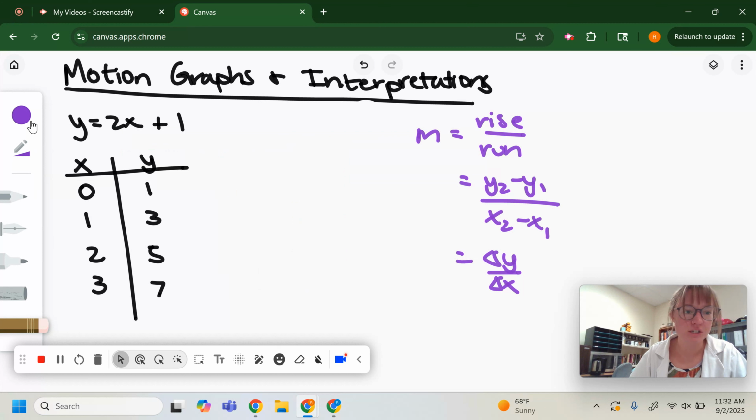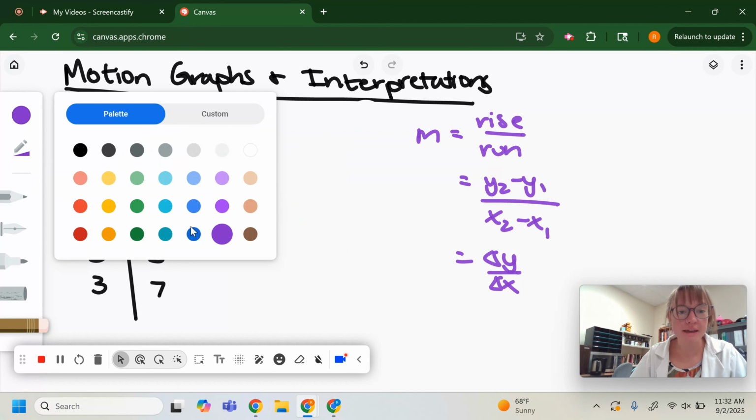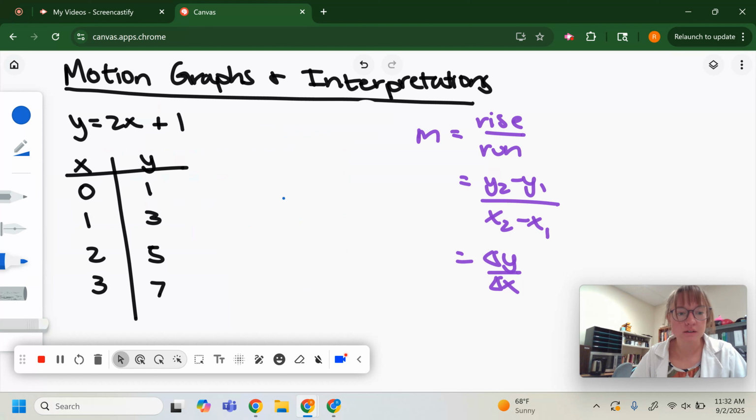Now, here's what happened to you. Let's go blue. On your graph, you were graphing two values, time and position. That was one of your two graphs.